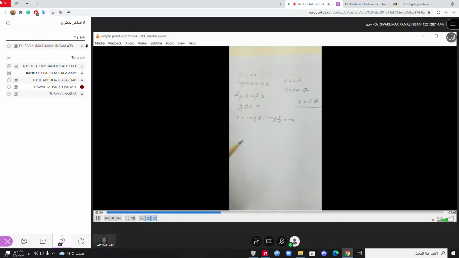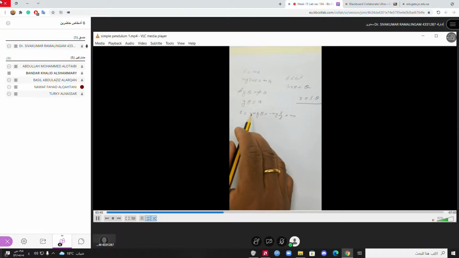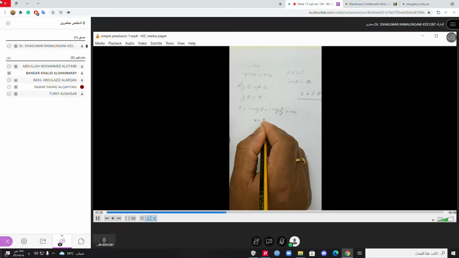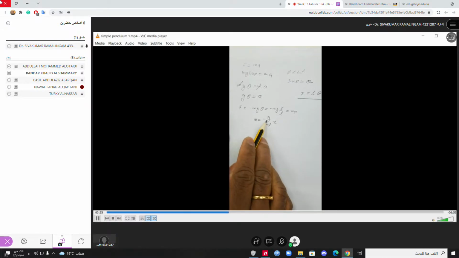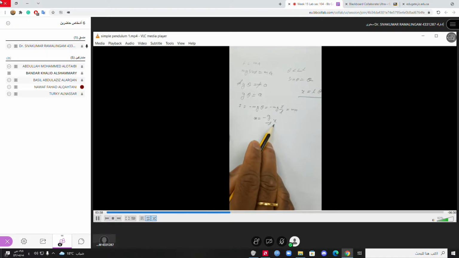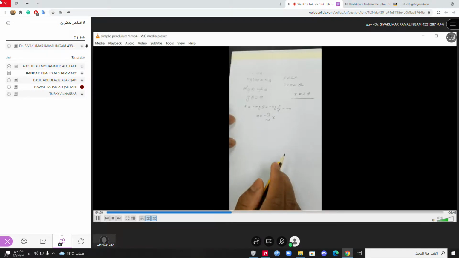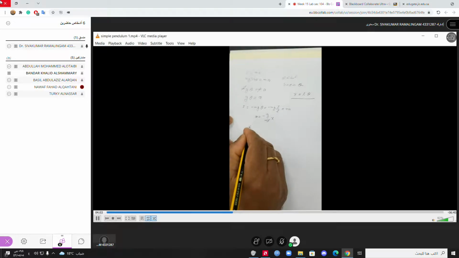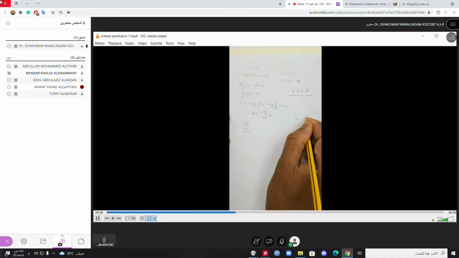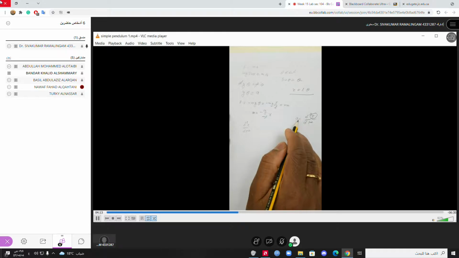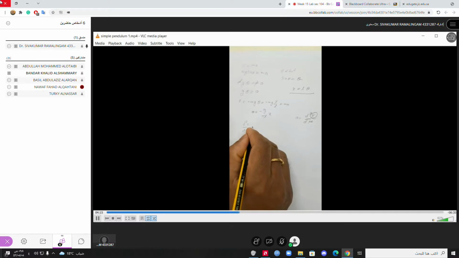On simplifying this, a is equal to minus g over L x. a is the acceleration, g is the gravity, L is the length of the pendulum, x is the linear displacement. And a can be written as d square x by dt square. If we differentiate the linear displacement with respect to time two times, you will get acceleration.